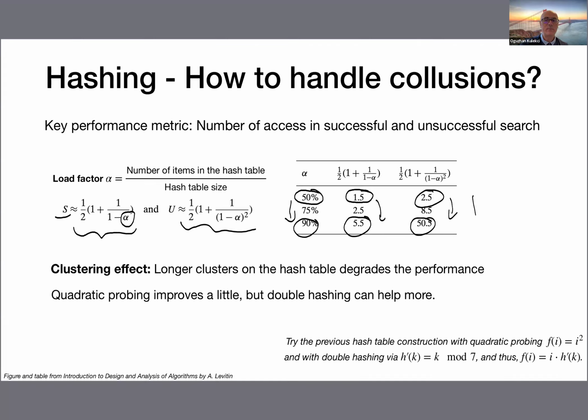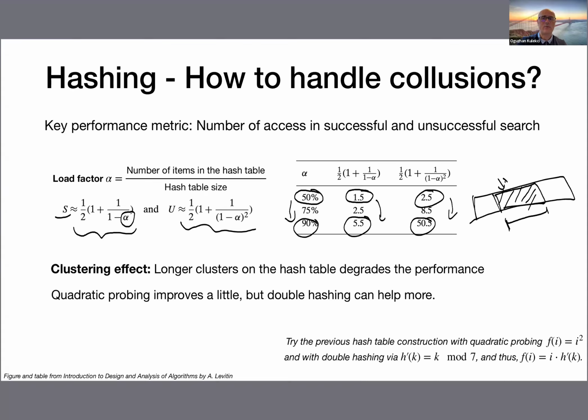And that is because when the table becomes dense, there will be clusters. What is a cluster? A cluster is a contiguous space on the hash table that is all occupied. Whenever you hit any one of those positions for a search operation, you cannot stop, right?